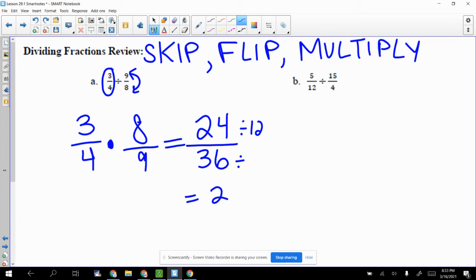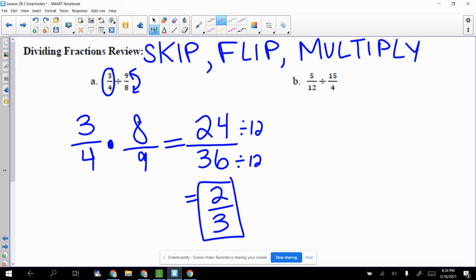And if I divide the denominator by 12, your denominator is going to be 3. So this would be the most simplified version. So basically, we're going to be canceling things out, but this is how you would do it with just numeric fractions. Okay, so why don't you guys go ahead and try part B there.